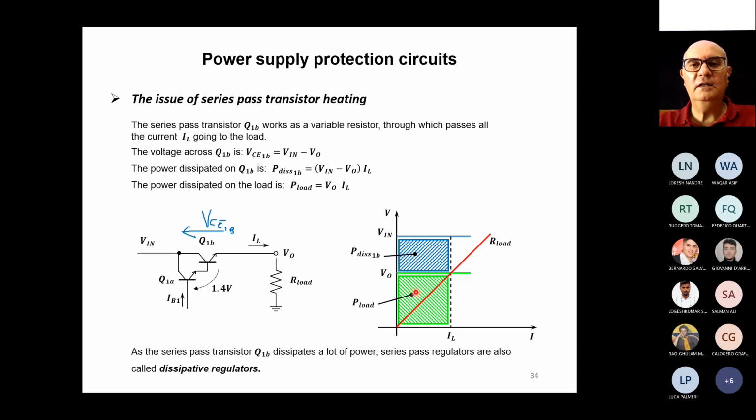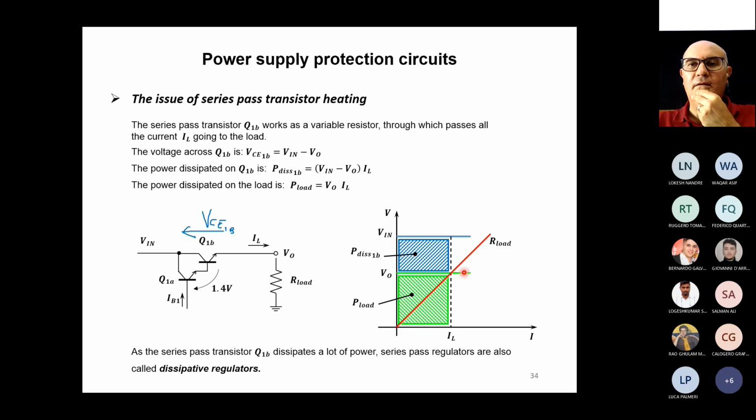The green area instead is the power dissipated in the load. So this graph is very interesting because it's a simple way to visualize what the situation is depending on how the load changes. If I change the value of the resistance, for instance, if I decrease the resistance, the line will go down, will turn this way, because it means that for a fixed Vout, the current will increase.